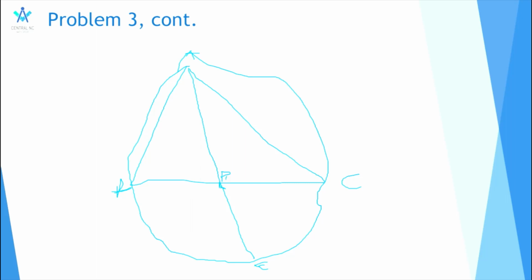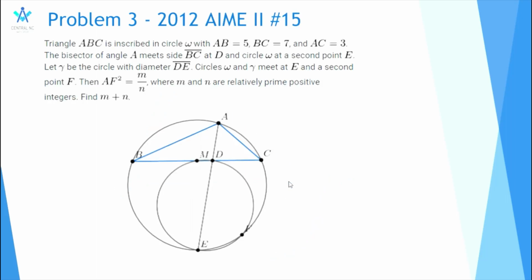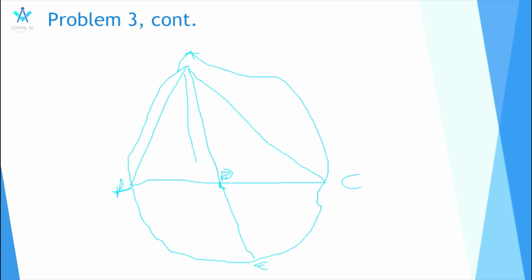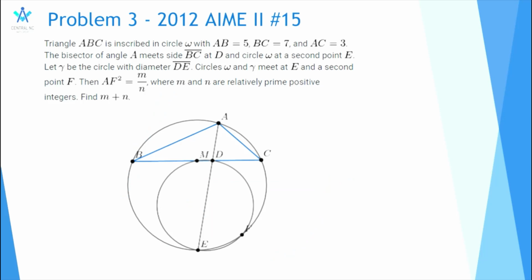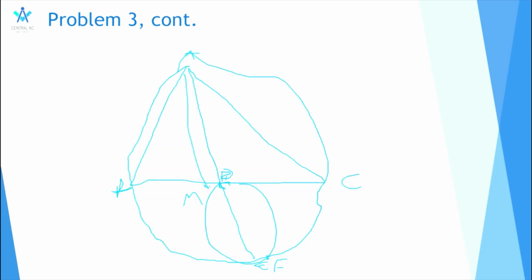D, that's a D. Okay, so I actually included M, the midpoint of BC, in this problem because it's important. And then F. Wait, I think, okay, that's a bit messed up.